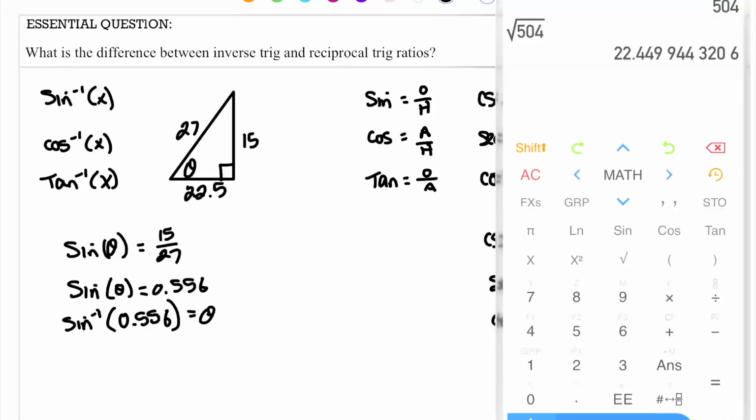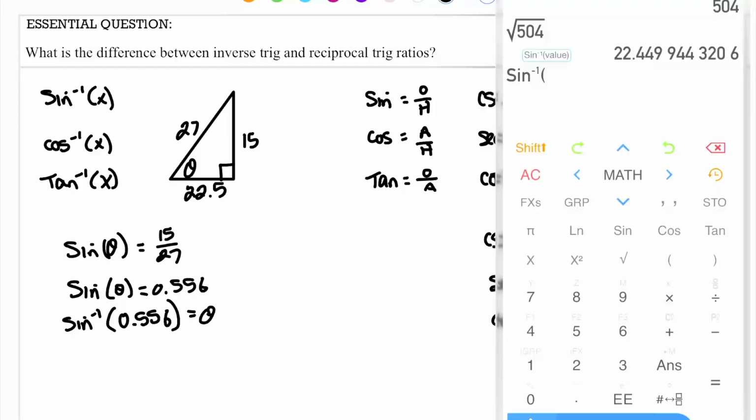So when we were doing secant, cosecant, and cotangent, we did 1 divided by sine. So if we had that ratio, we could divide that to get the ratio of cosecant, secant, and cotangent. Or we could take the hypotenuse and divide it by the opposite, and we flipped those, or the hypotenuse over the adjacent. Whereas this, we're using a completely different thing. We're using inverse. So that's where we use sine with that -1.